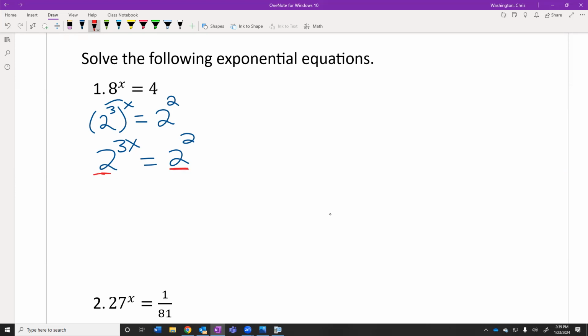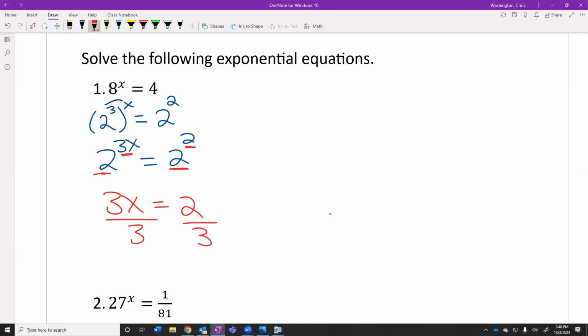They don't cancel out, but I know if the bases are the same, the 3x and the 2 must be equal. So just don't cross the bases out, please. Mathematically, it's incorrect. I know you might want to, like, oh, the 2's go away. Not really. The 2's are actually still there.